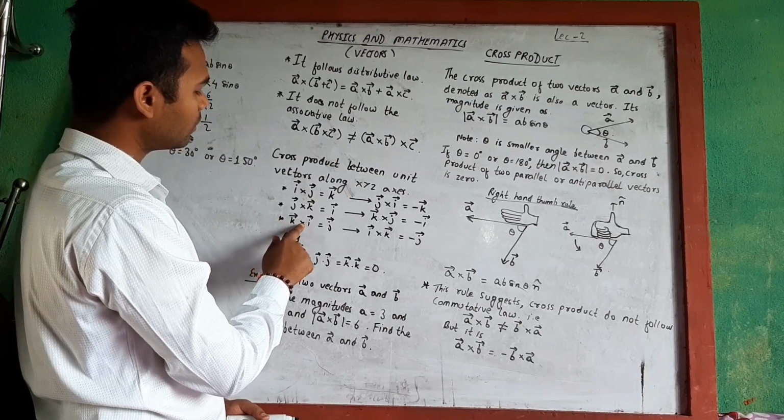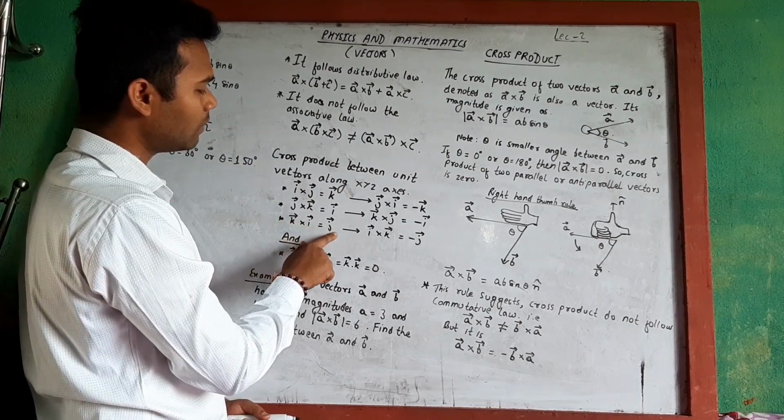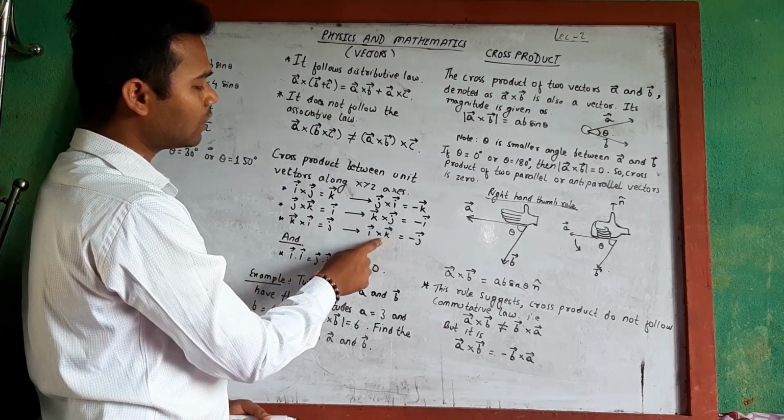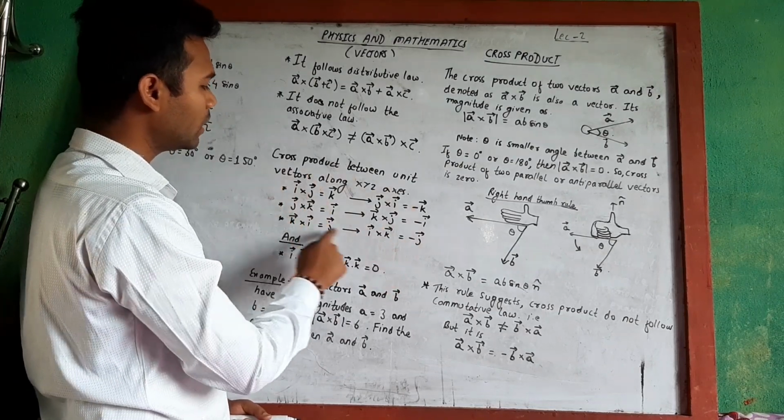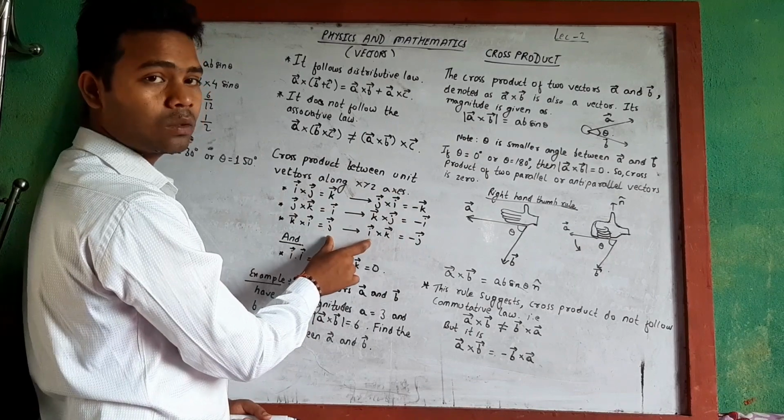Next, k vector cross i vector is equal to j vector, that's why i vector cross k vector is equal to minus j vector.